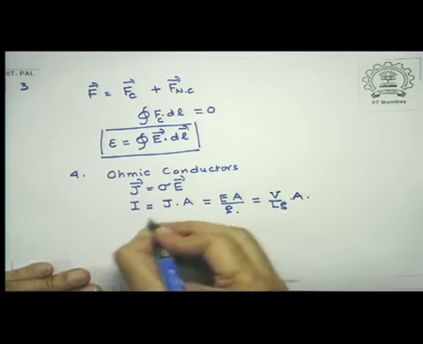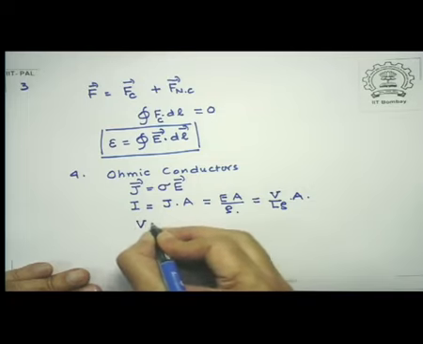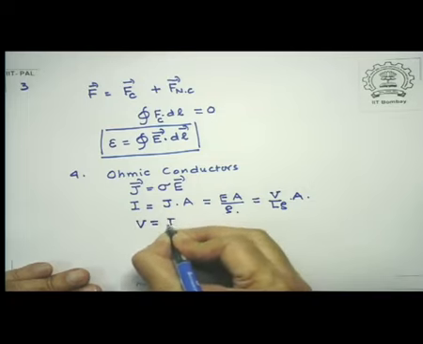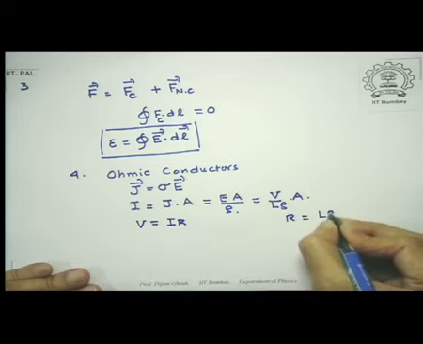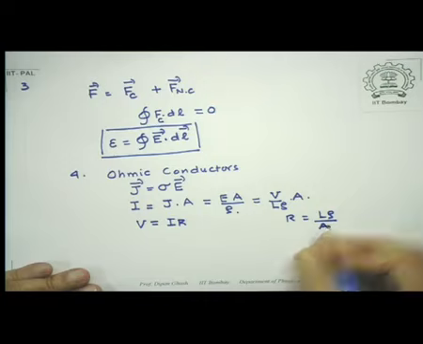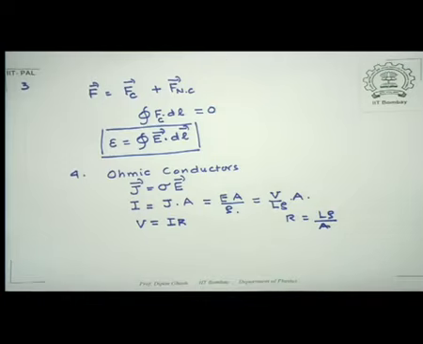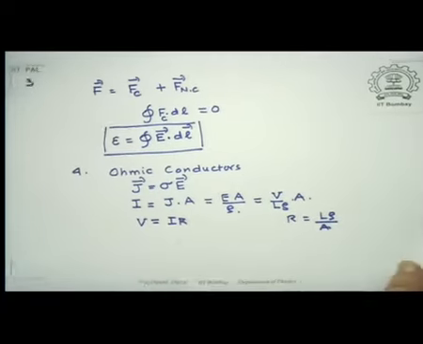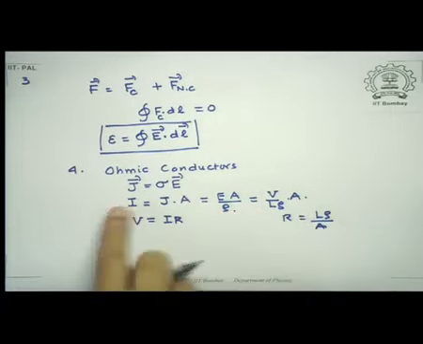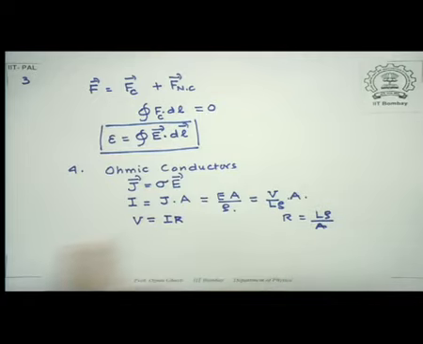So therefore I get an alternative relationship which says V is equal to IR, because R is nothing but L rho over A. So any of these relations you have for the ohmic conductors, J equal to sigma E, or E equal to J rho, and V equal to IR, etc.